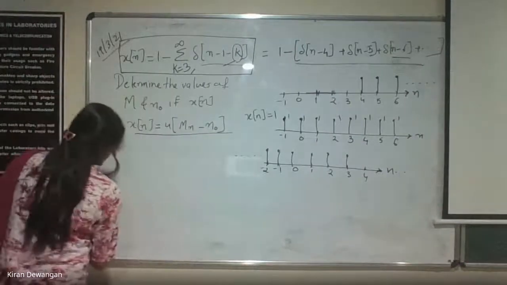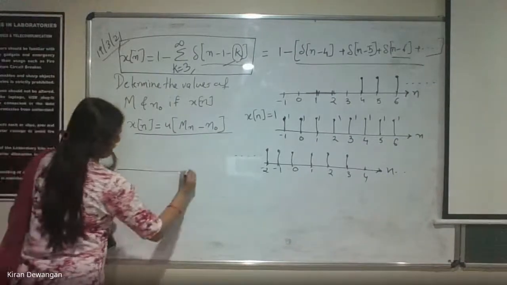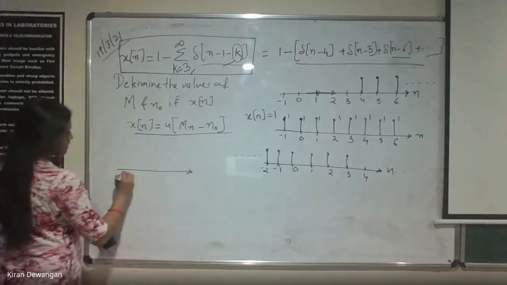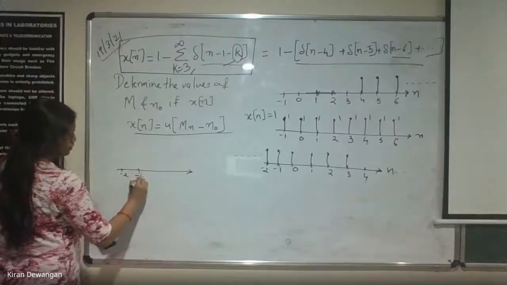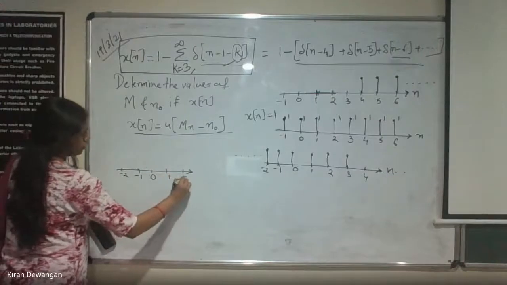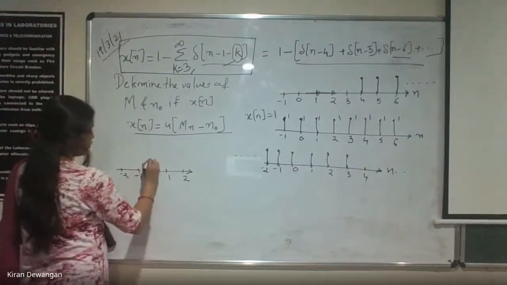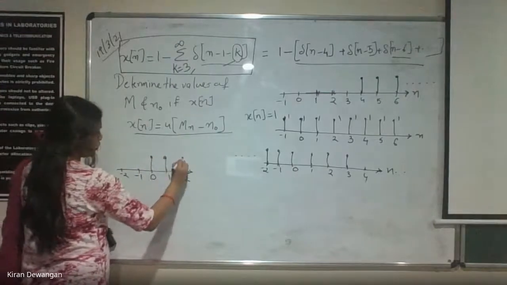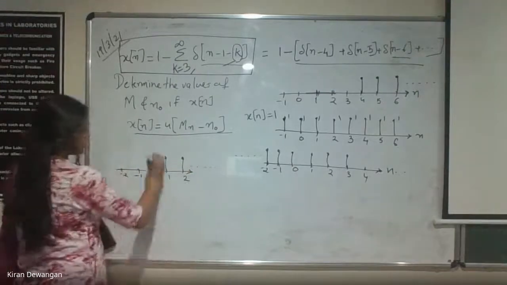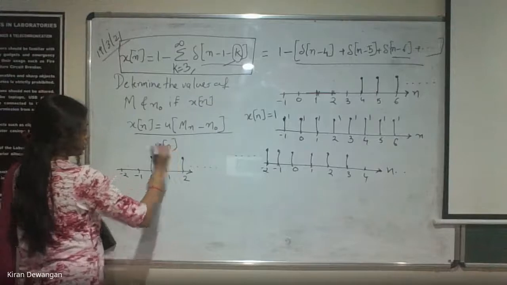Let me just first tell you one thing. This is minus 2, minus 1, 0, 1, and 2. If I have to plot u of n, we plot it in this way. This is my u of n. Correct?